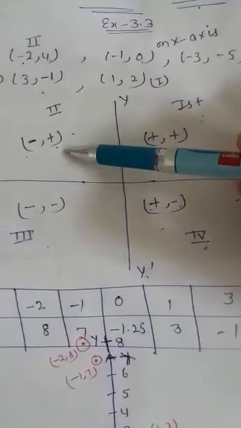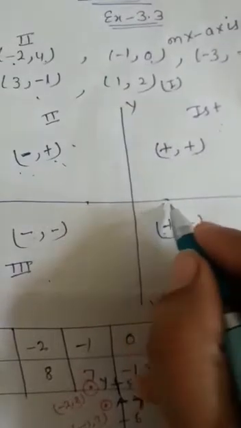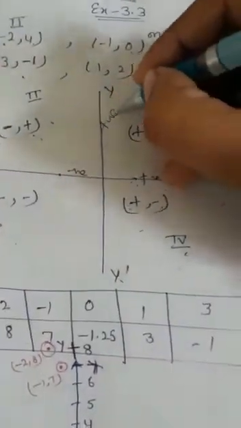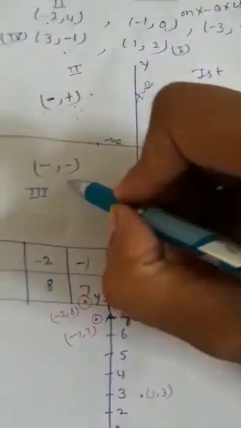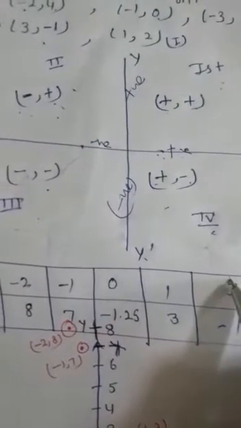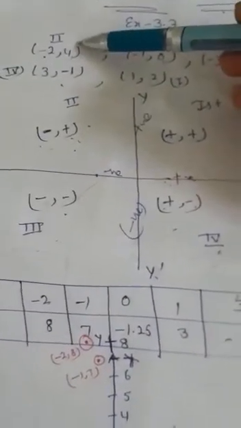In the second quadrant x is negative and y is positive, because on this side x is positive and this side negative. Upside of the y-axis is positive and downside negative. So when both x and y are negative, that is the third quadrant, and when x is positive and y is negative, that is the fourth quadrant. So these points you have no need to plot on the graph. By looking at the sign you can tell the quadrant.